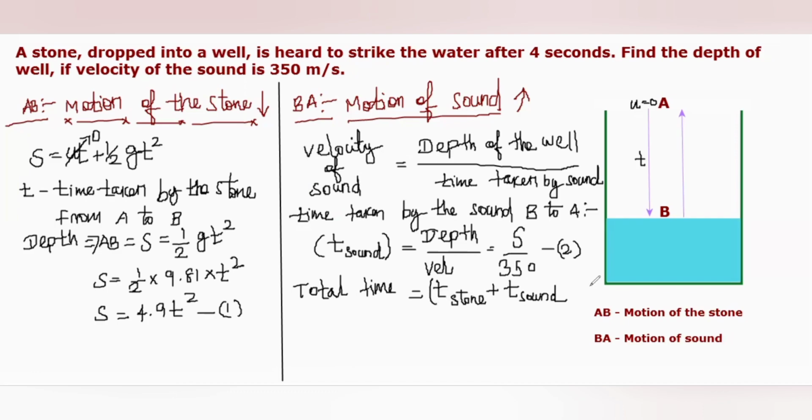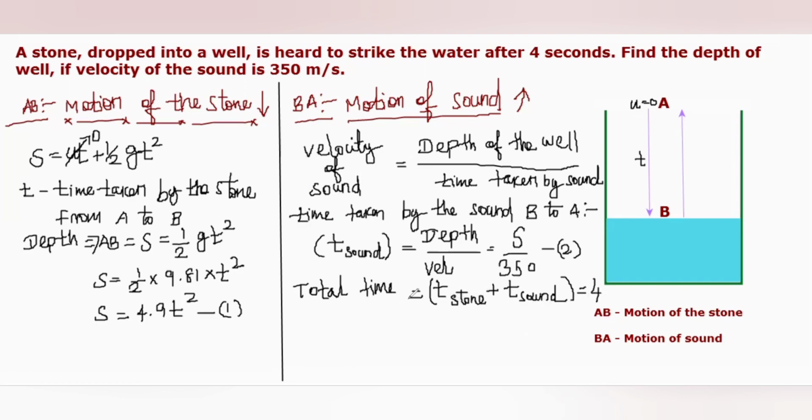And this one is given as 4 seconds. Okay, the total time is given as 4 seconds, from the dropping point A to strike the point B, that is the time taken by the stone, and from the point B to A, the time taken by the sound. The total time is 4 seconds.